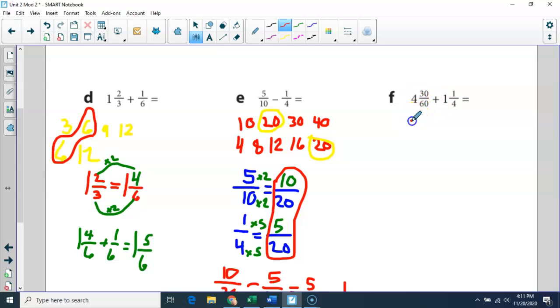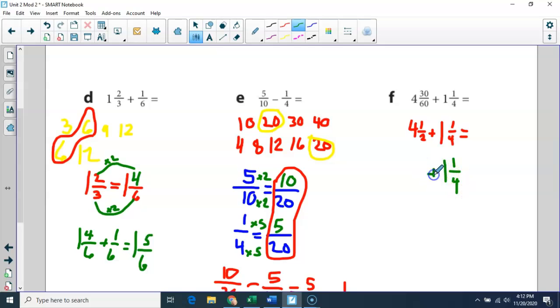So you could have thought of this problem as 4 1/2, 4 wholes and a half, plus 1 whole and 1/4. Okay, and then you could have gone through all the steps and found equivalent fractions, but I think at this point most of you know that looks like we want to use 4 as a denominator, so I can keep my 1 and 1/4 because I have 4 as a denominator there.